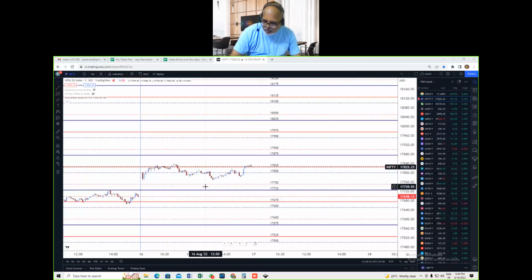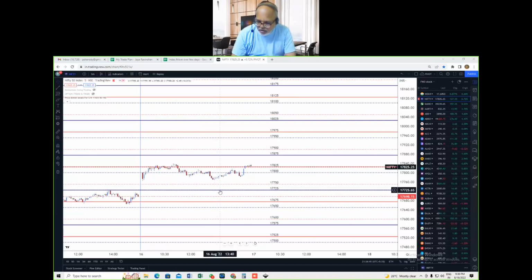These dotted lines have been marked on this screen to help us identify that the market has moved 75 points from the buy level or 75 points from the sell level. So if the market faces a support or a resistance at that level, you can book your profit and exit from the trade.